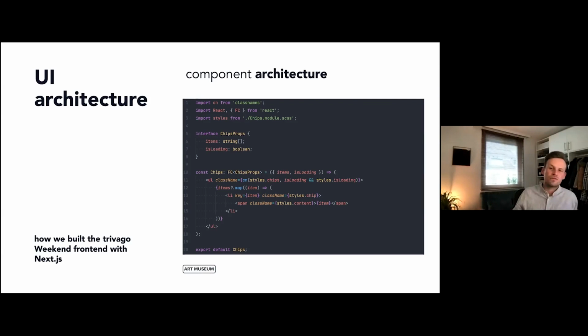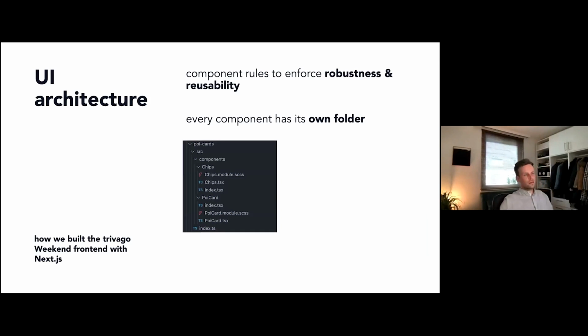But we have a couple of rules that I want to show you that help us ensure that our components are reusable and robust. So the first one is that every component has its own folder with a component file, a CSS module, and an index file for, let's say, prettier imports.